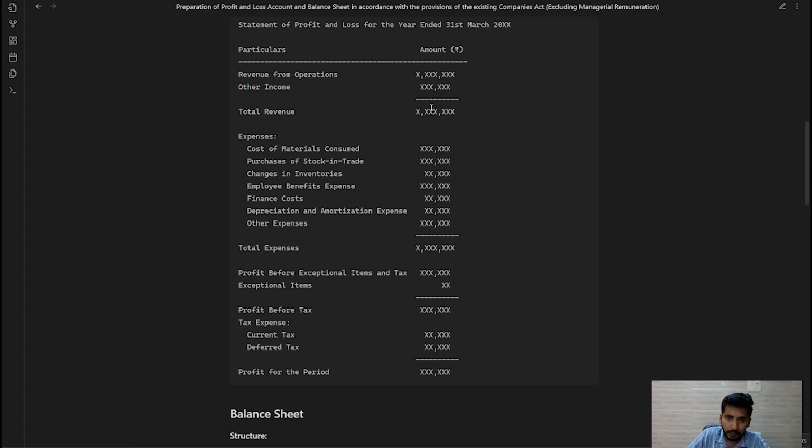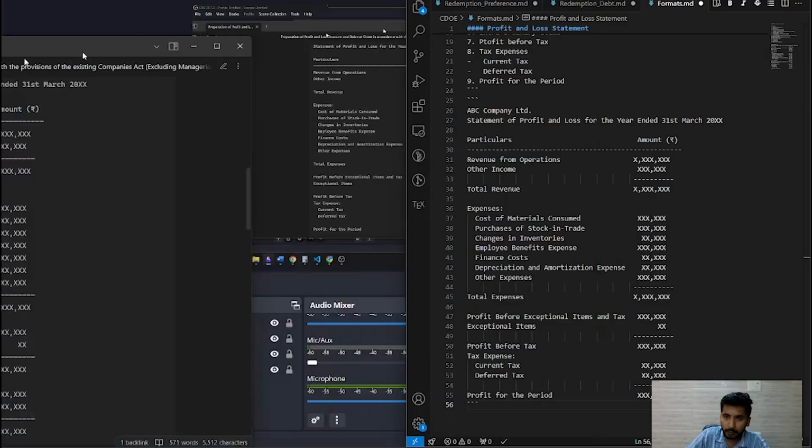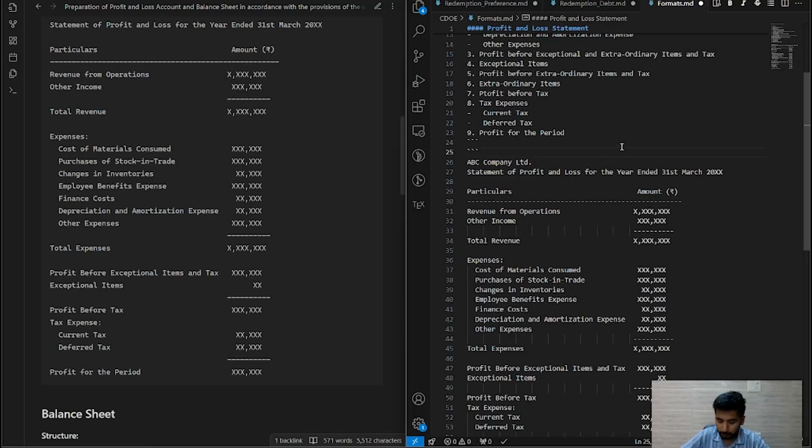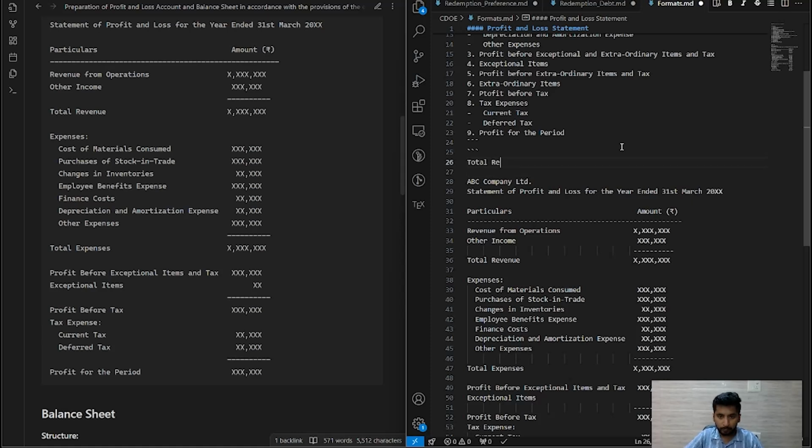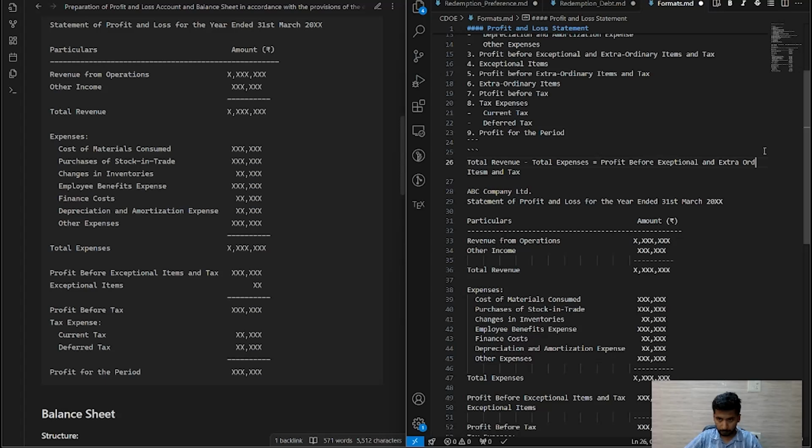After that, the total revenue minus total expenses becomes the profit before exceptional items and tax, or exceptional and extraordinary items and tax.